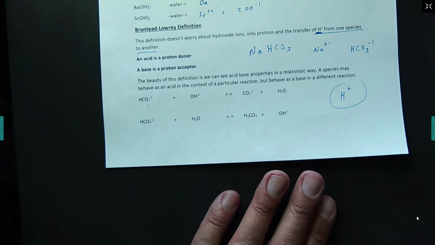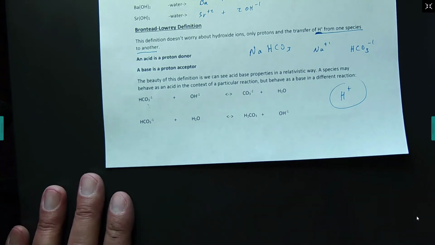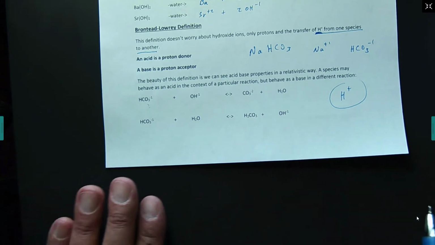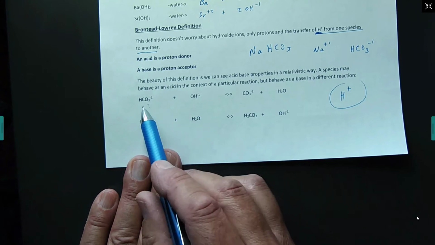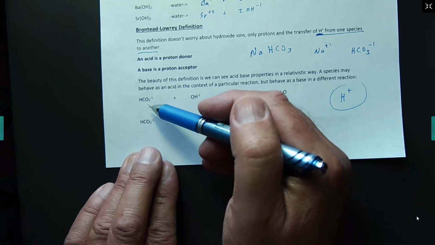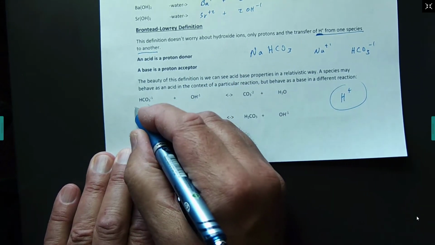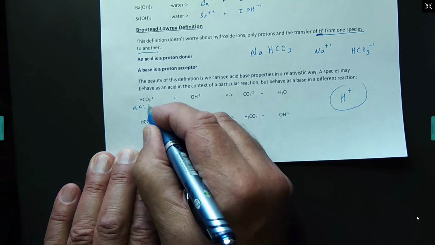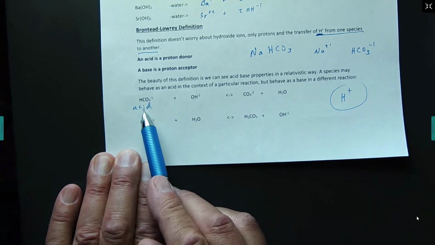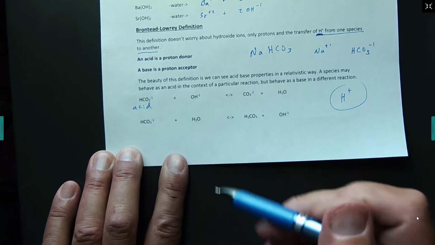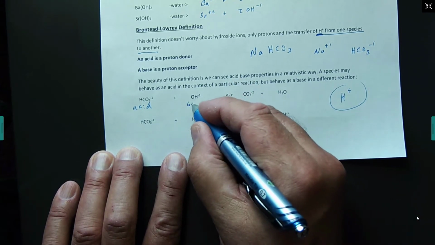So in cases like this where two species differ in formula by the presence of one lousy proton, they're conjugate acid-base pairs. We'll talk about that more later. But in terms of our definition, he's giving up the proton, so in this reaction, this guy's acting as an acid. He donated the proton. This guy's acting as the base.